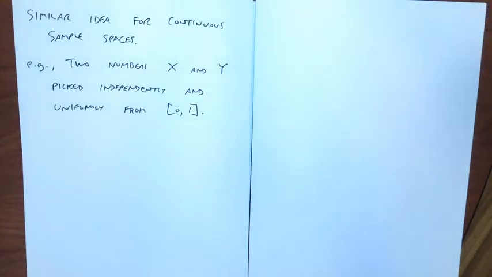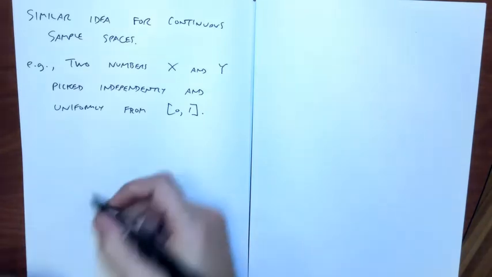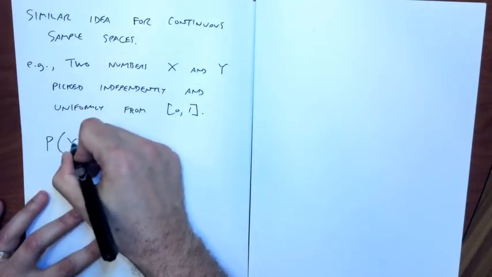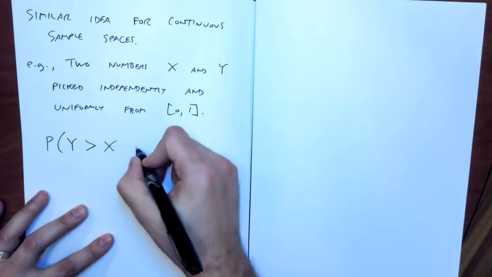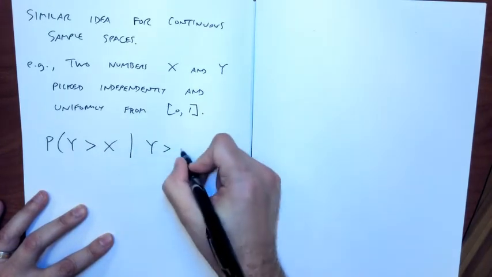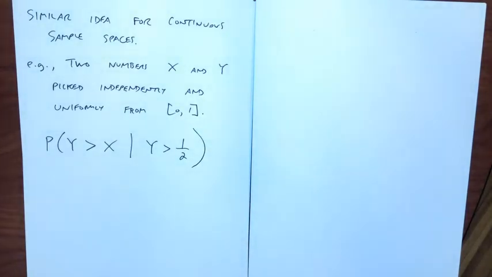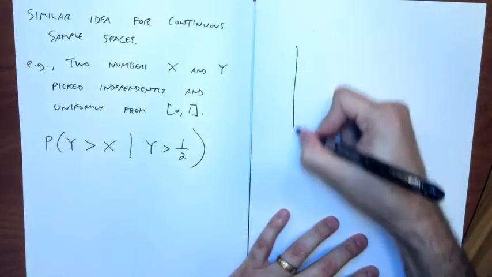Okay? So let's ask something like, what is the probability that y is greater than x, given that y is greater than 1/2? Okay? So let's draw our sample space again.